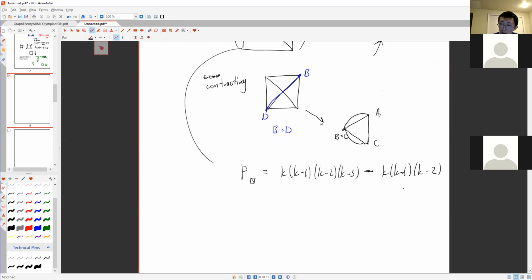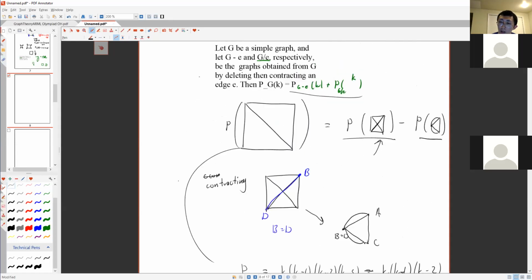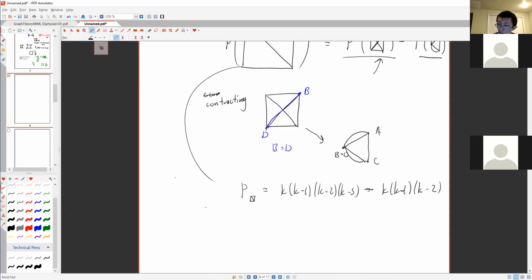Maybe we should think about why it's true. But at any rate, if we compute this out, we'll have K, K minus 1, K minus 2, and then K minus 3 minus 1.